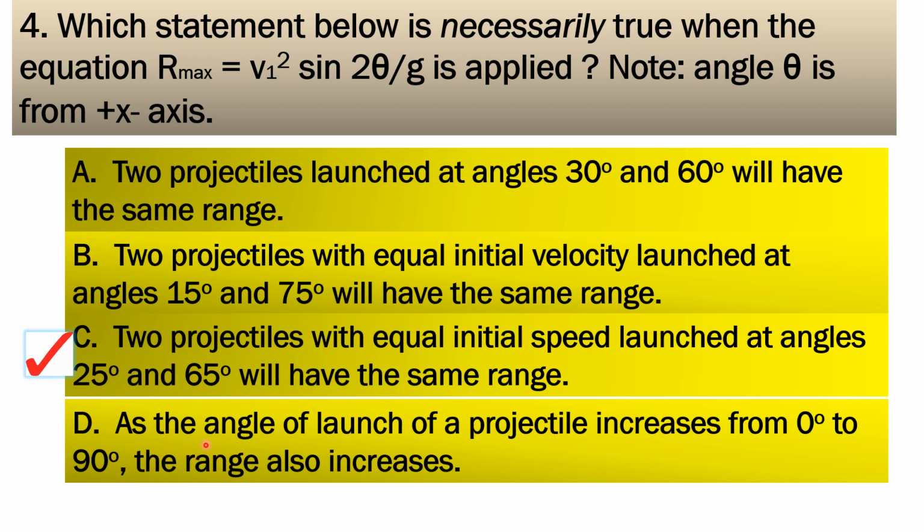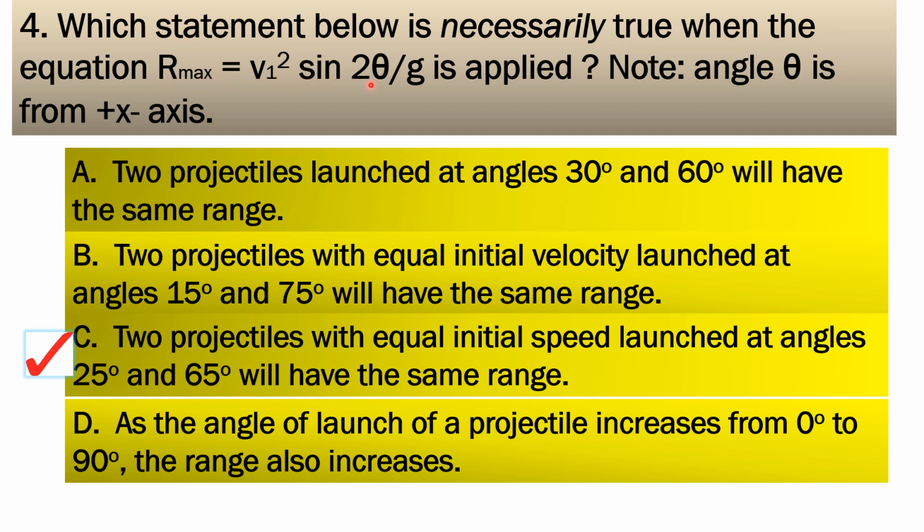And wait. Letter D says, as the angle of launch of a projectile increases from 0 to 90 degrees, the range also increases. That's not really accurate because, again, using this formula, what do you think is the maximum angle?